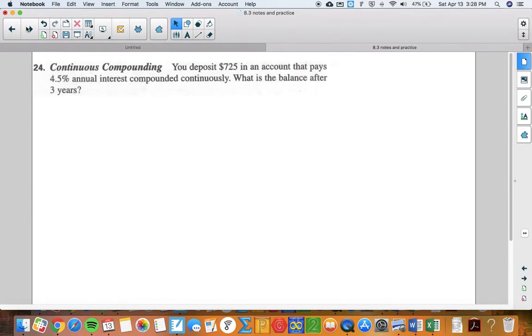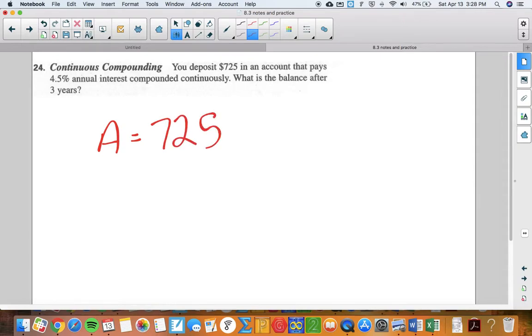Let's try number 24, wherever this number is. You deposit $725 into an account that pays 4.5% annual interest compounded continuously. What is the balance after 3 years? So the amount is going to equal, here's where we use the Pert formula: the principal, or the starting amount, times e raised to the rate times time.